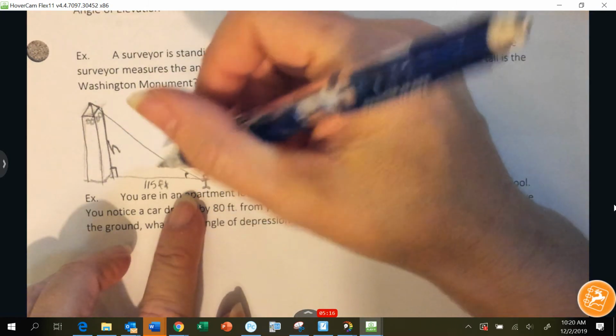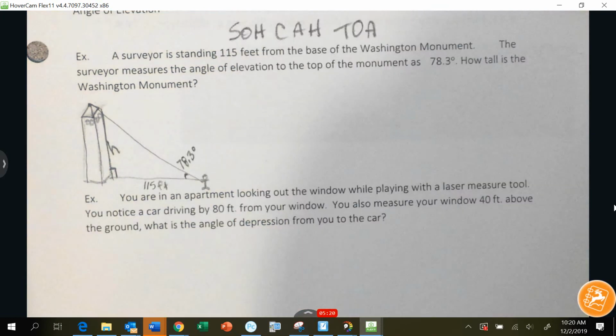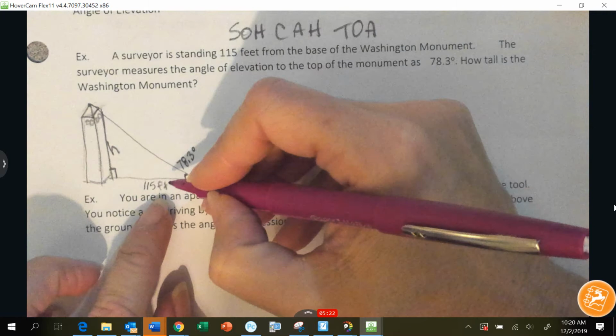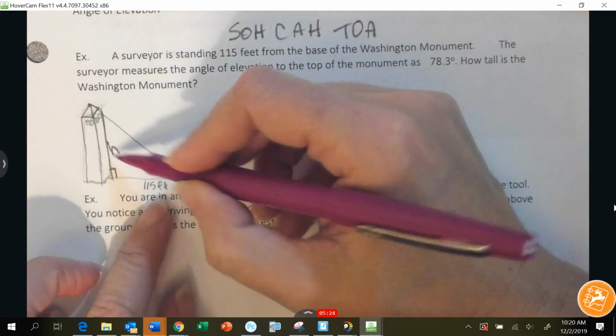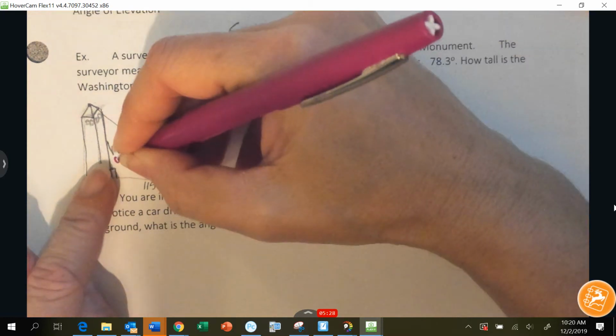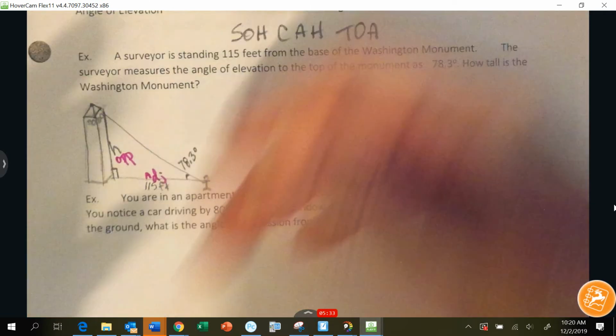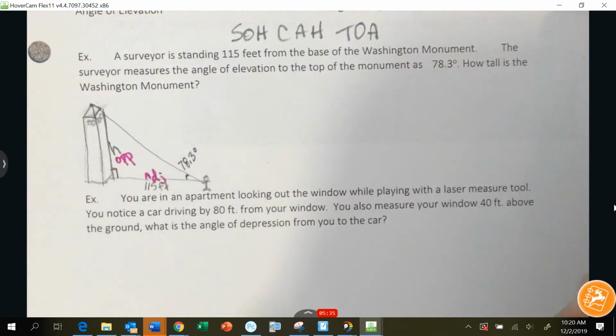According to this angle, what are these sides that I have and need? What's h? According to this angle, h is the opposite. 115 is the adjacent. So we have a tangent ratio here.